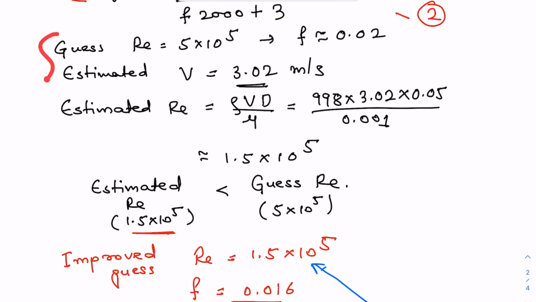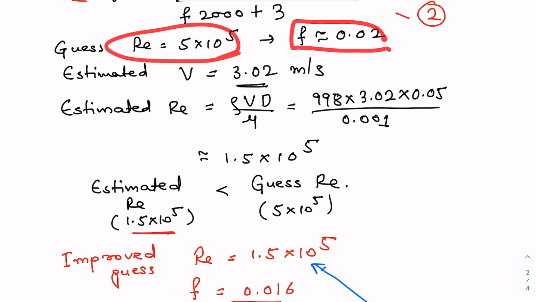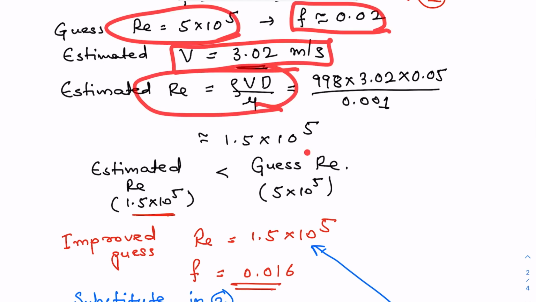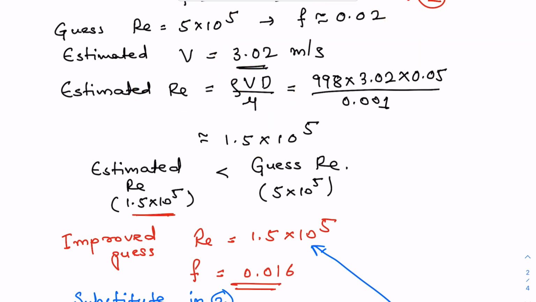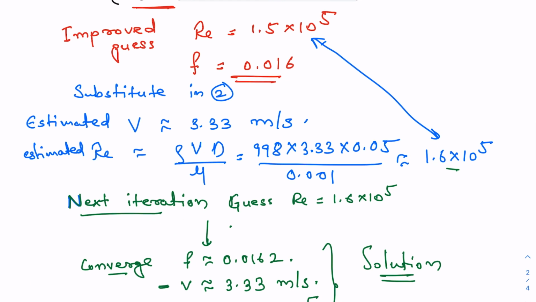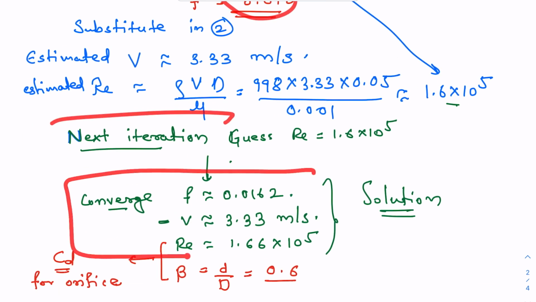Then we used an iteration method, so we guessed a Re and the friction factor, found out the estimated velocity and estimated Reynolds number, and the estimated Reynolds number was not equal to the guessed Reynolds number, so we improved our guess with this estimated Reynolds number and improved our friction factor, and from there we finally converged to these.